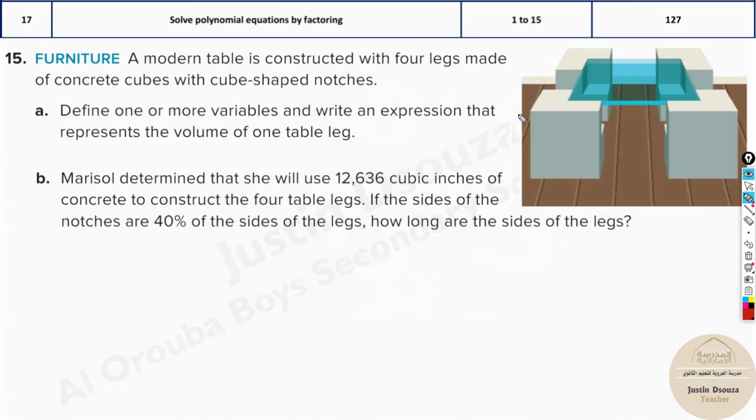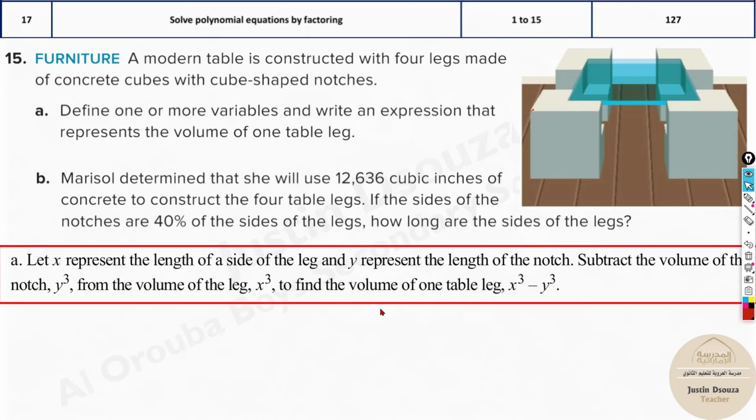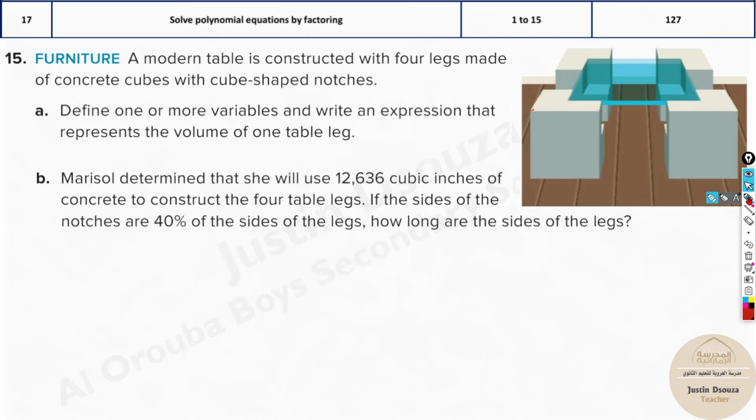Okay, so we know this is a cube. Now volume, let me just look at the answer, what exactly it is, and then I'll explain it. It's x cubed minus y cubed. Okay, I get it. Length of the side. So what we are taking over here is, let us assume the length of this cube be x.